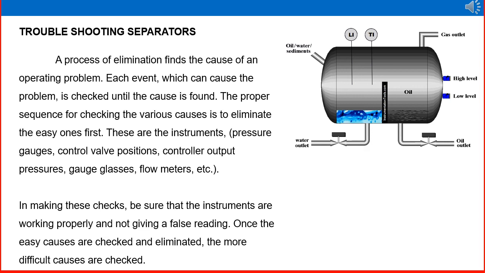These are instruments: pressure gauges, control valve position, controller output pressures, gauge glasses, flow meters, etc. In making these checks, be sure that the instruments are working properly and not giving a false reading. Once the easy causes are checked and eliminated, the more difficult causes are checked.